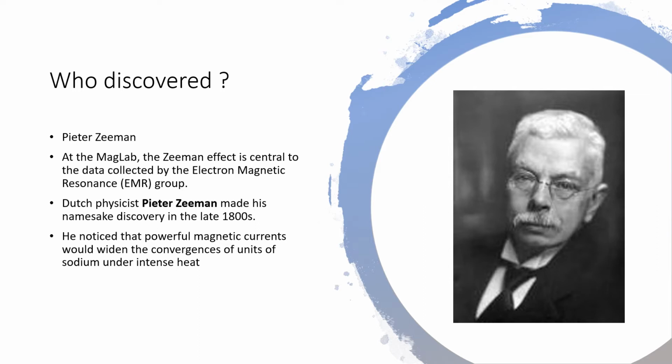Before learning the Zeeman effect, we must know spectroscopy. In spectroscopy we use a spectroscope, which is an instrument that allows scientists to determine the chemical makeup of a visible source of light.